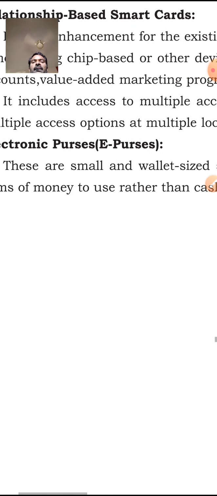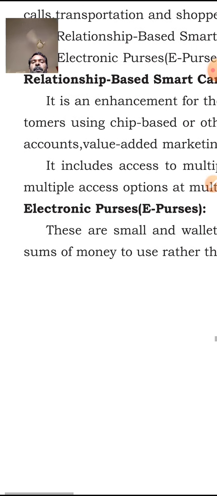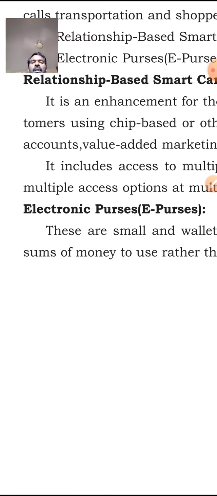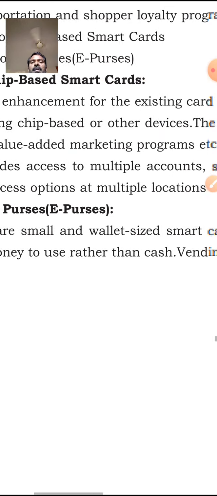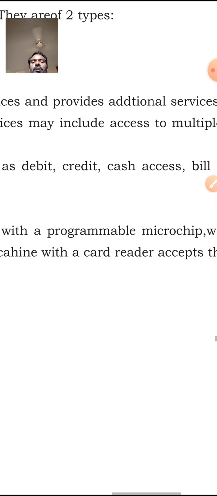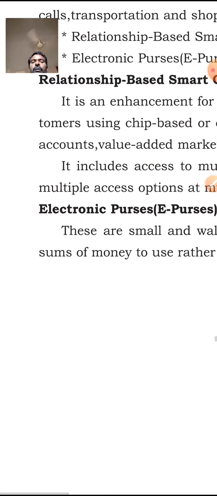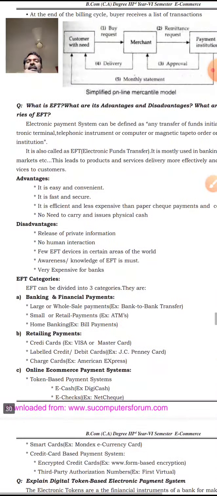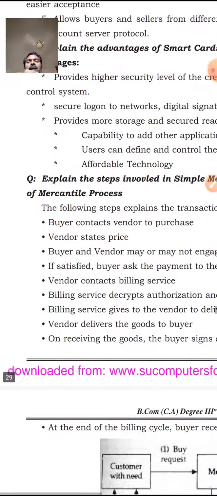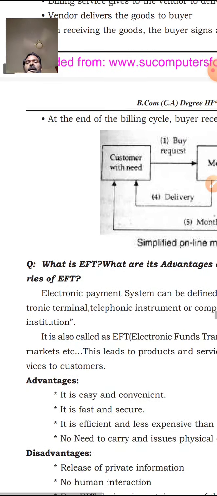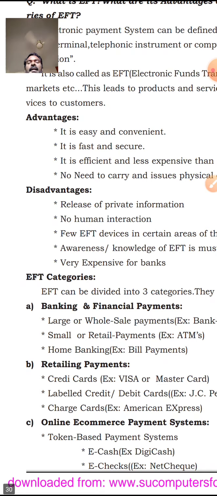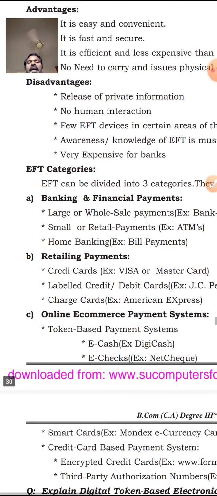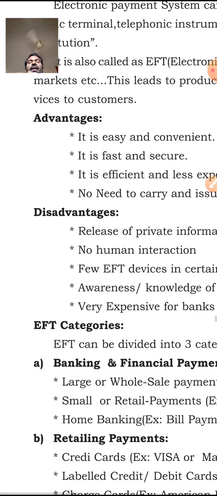Like that, there are electronic purses, called e-purses. E-purse cards are smart cards which are mainly used to make payments in the electronic mode. The merchant will contact the customer, and the customer can pay the money through the EFT, electronic fund transfer application.